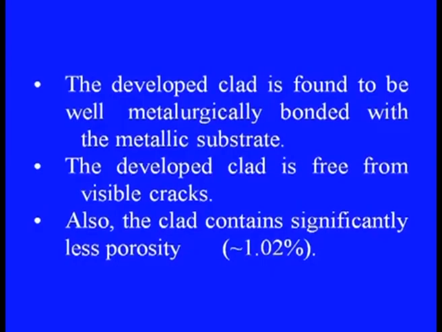The developed clad is found to be well metallurgically bonded with the metallic substrate. The clad is free from any visible cracks, and also contains significantly less porosity, which is almost 1% and which is substantially less.